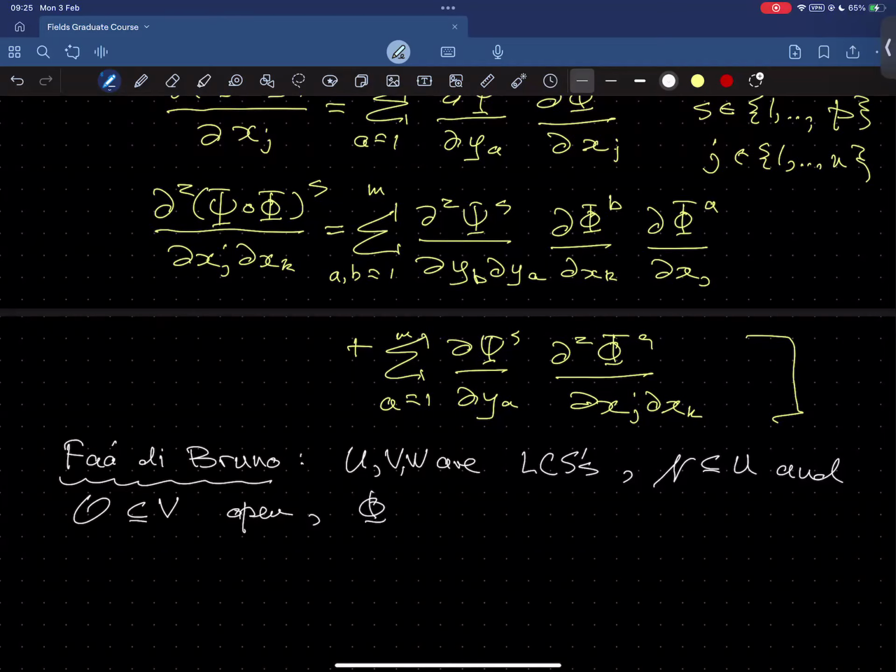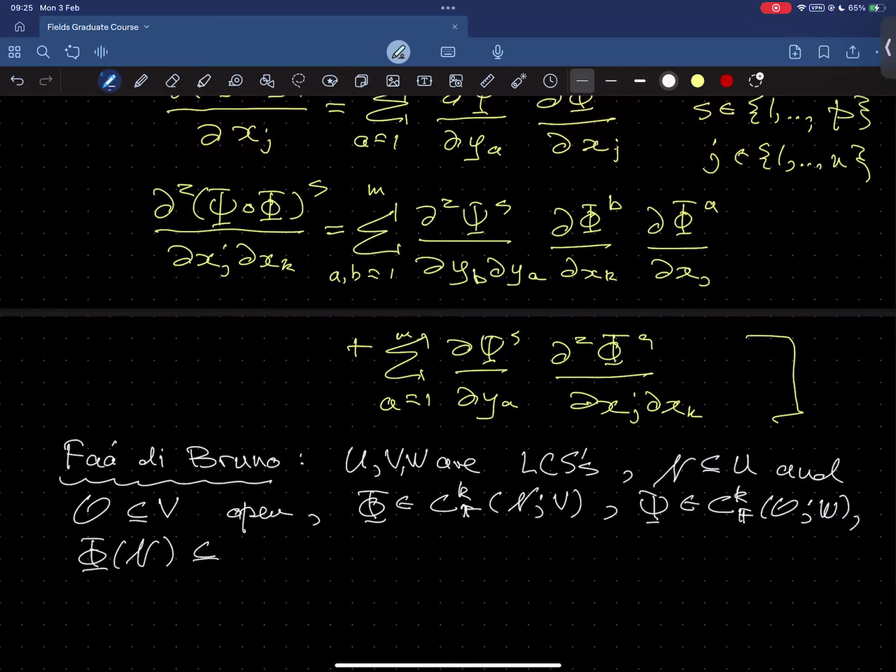Then I'm going to take phi in C^k of N, psi in C^k of O, and phi of N is contained in O, so I can make the composition. All right, so that's the setup for Faà di Bruno.